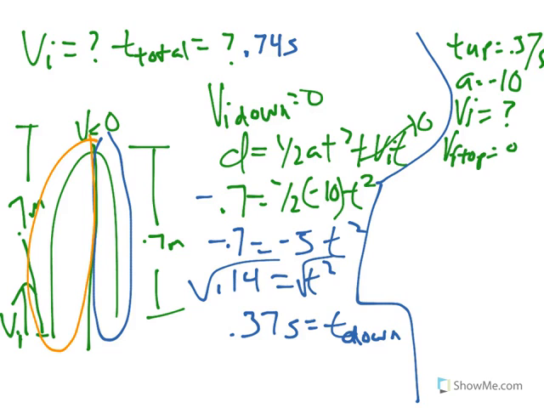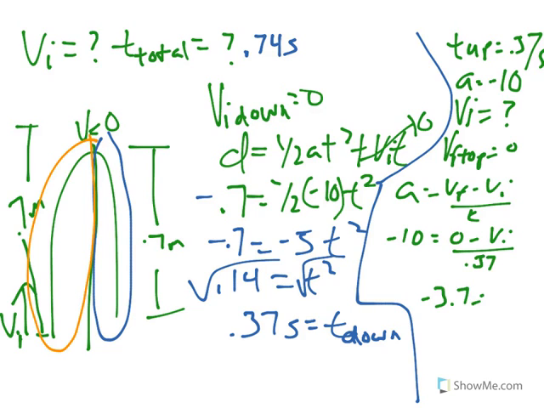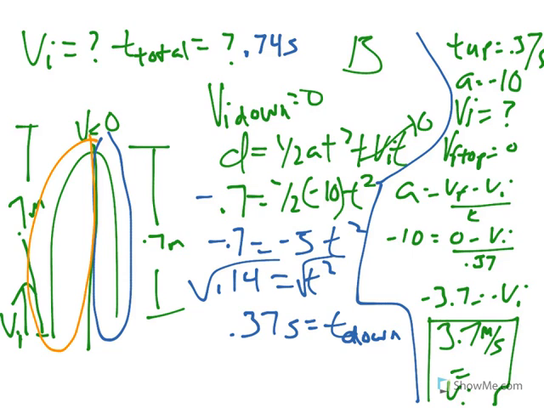So we can do a equals vf minus vi over t. We get negative 10 equals 0 minus vi over 0.37, and we get negative 3.7 equals negative vi, or 3.7 meters per second equals vi. There we go. And again, this was number 13.